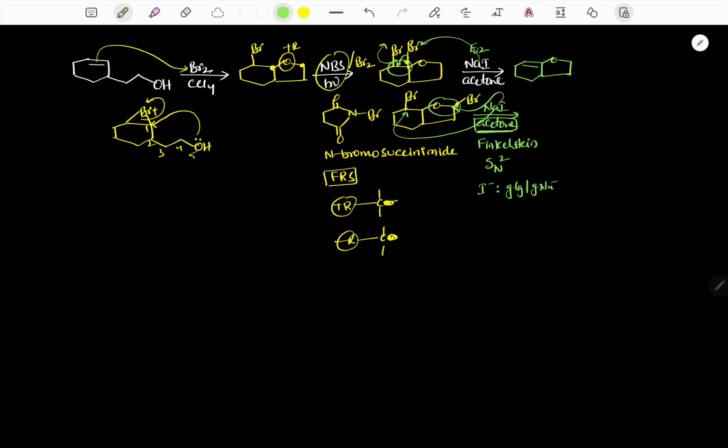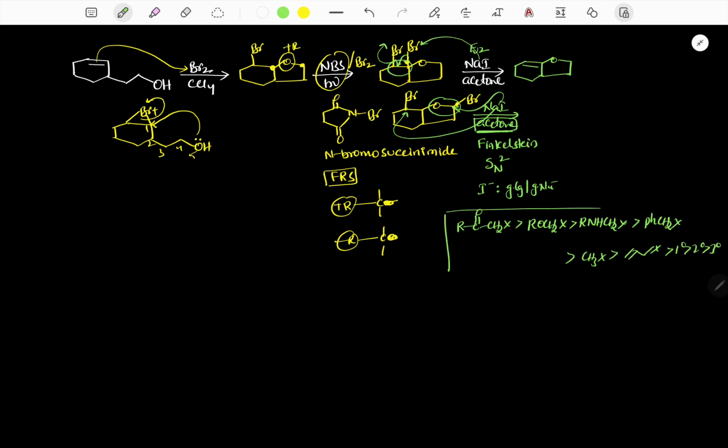If I compare the rate of SN2, ROCH2X is more reactive than RNHCH2X, which is more reactive than PhCH2X, which is more reactive than CH3X, more reactive than primary halide, more reactive than secondary, then tertiary. That is the rate of SN2.